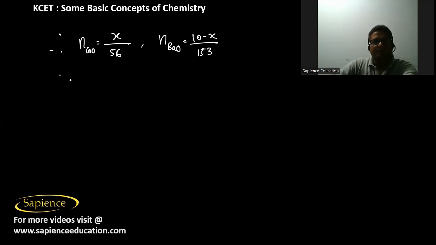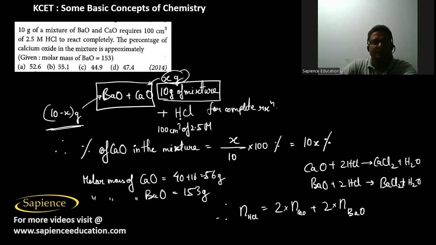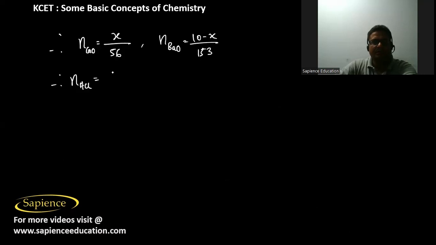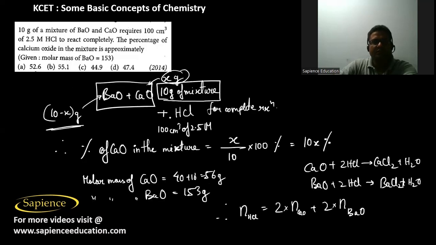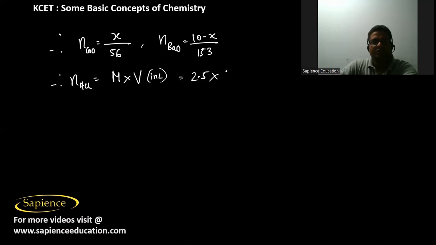Now the number of moles of HCl that is being used will be molarity times the volume of HCl in liters. Here the molarity of HCl is given as 2.5 molar, and volume of HCl is 100 centimeter cube, which means 0.1 liter.